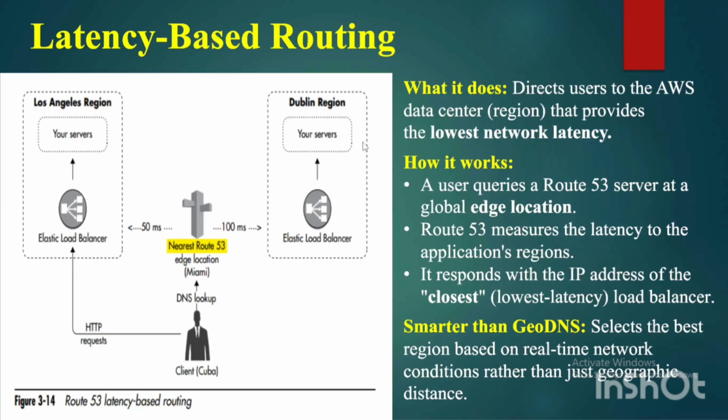Route 53 measures the network latency to your application's different regions. It then returns the IP address of the region that gives the lowest latency, meaning the fastest response. This is actually smarter than traditional GeoDNS because it uses real-time network performance rather than just physical distance to decide which data center is best.